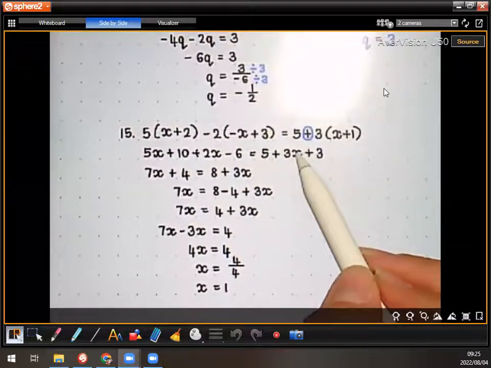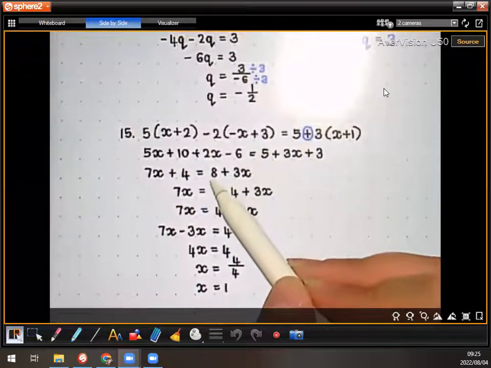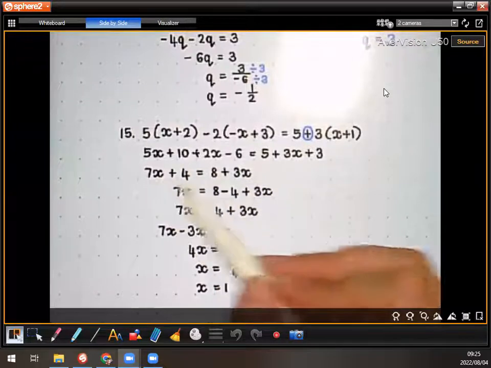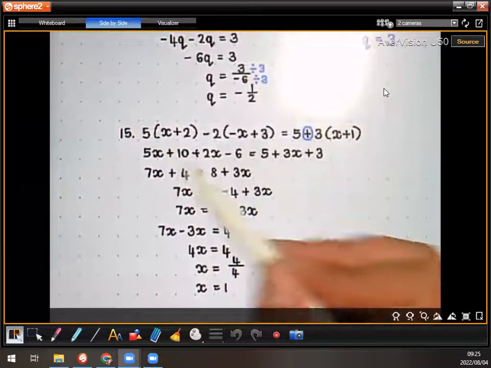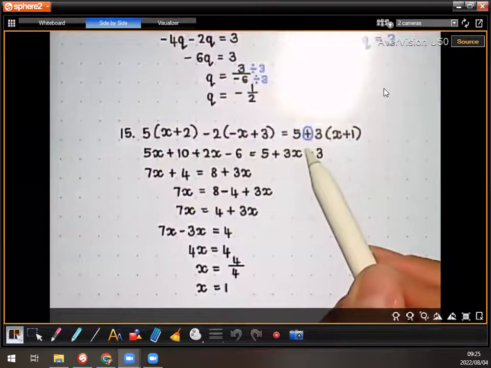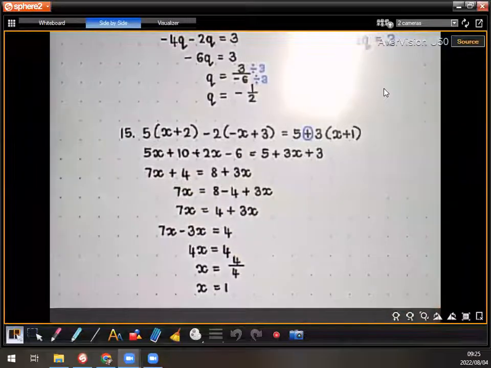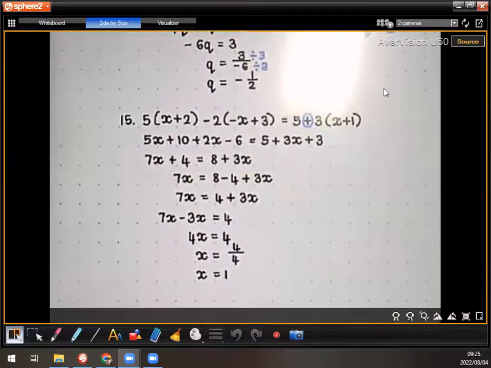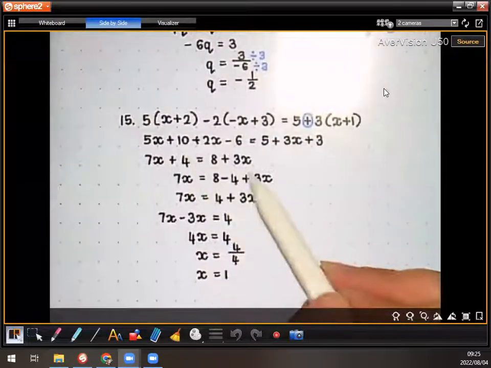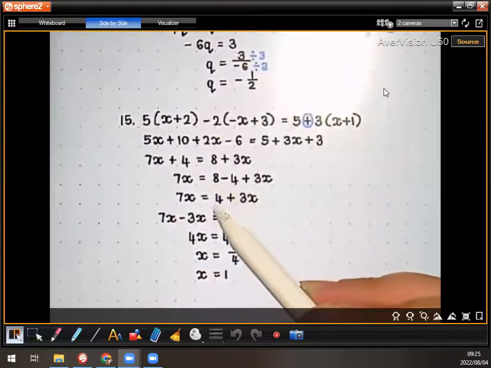And then on this side, we have a 3x, but we also have a 5 plus 3, which I just added together. Okay, you see, this is a bit easier to work with than that. Right? There's so many terms there. I think it's very easy to forget about a number or an x. Right, so then I said, what's the opposite of adding 4? Subtraction. 8 minus 4 is 4.